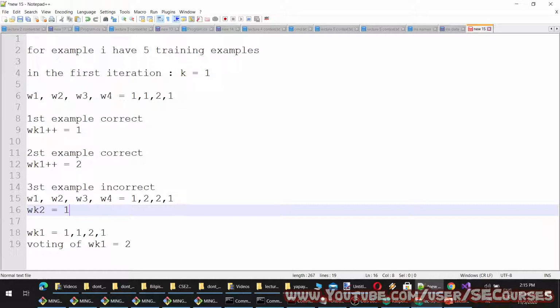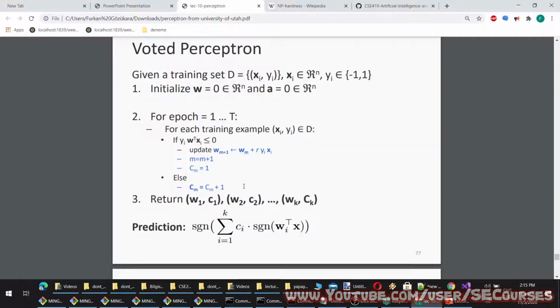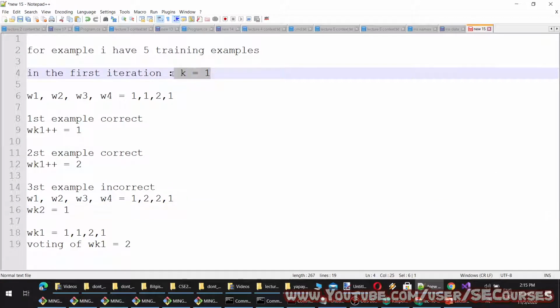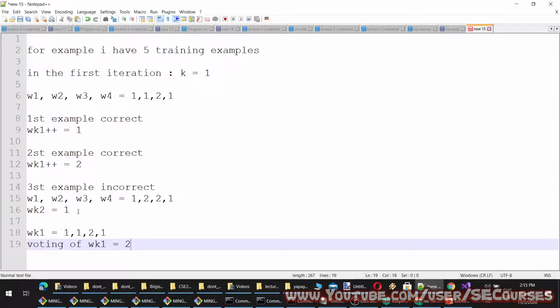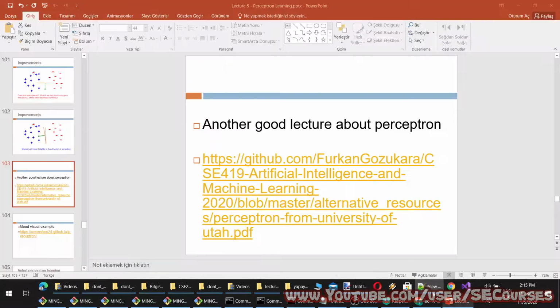So this is not the iteration count. It is an index we arbitrarily give to hold previous weights. The voting of vk1 becomes 2 and vk2 becomes 1.